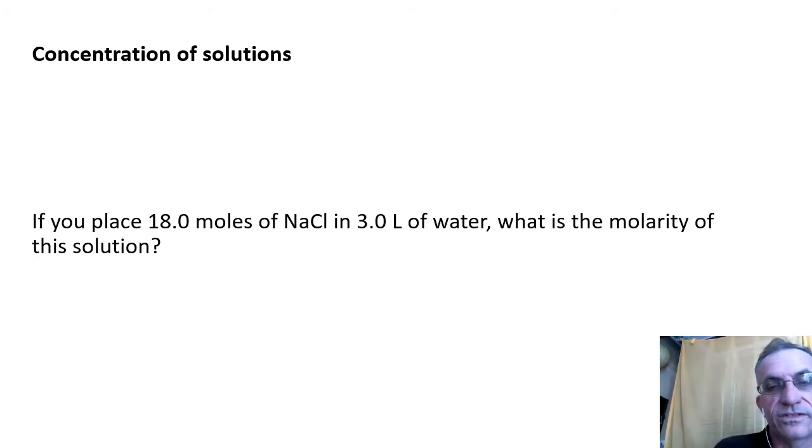So the way we measure the concentration of a solution involves our favorite unit, which is moles. Specifically, we're going to tend to talk about how concentrated a solution is using molarity.